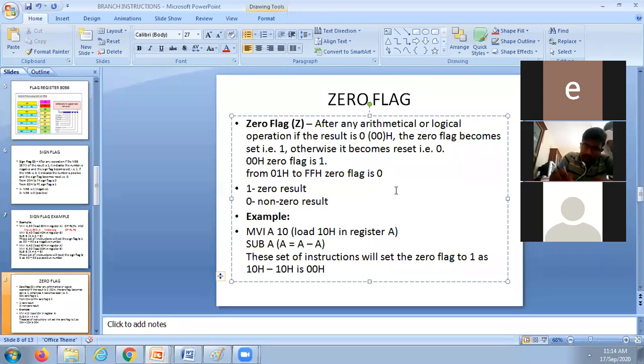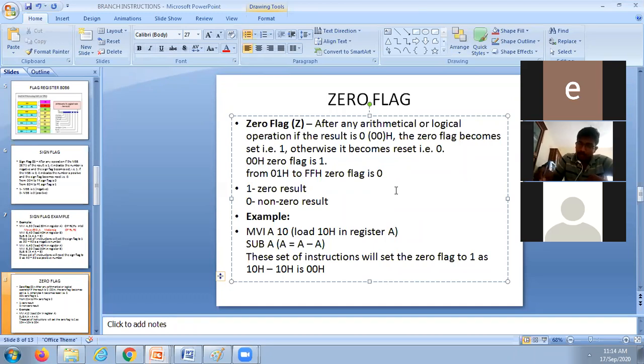The flag register or flag bits are affected only for arithmetic and logical instruction results.